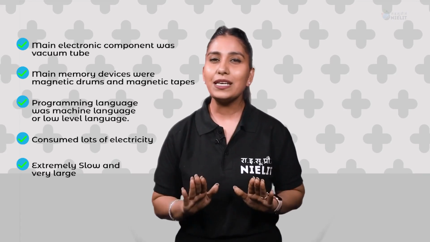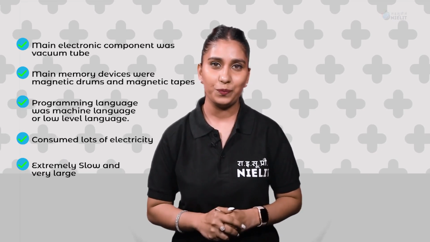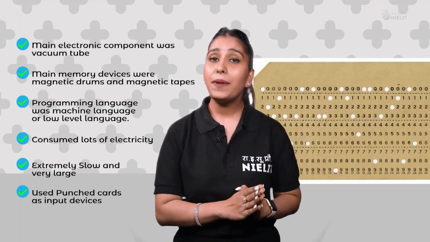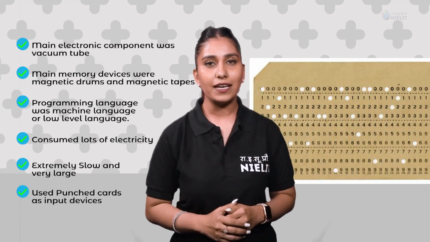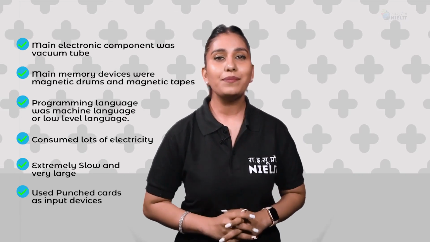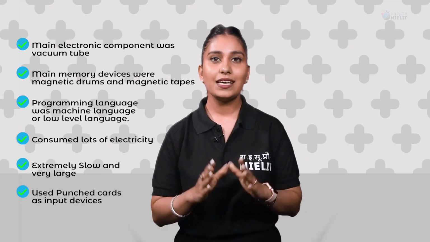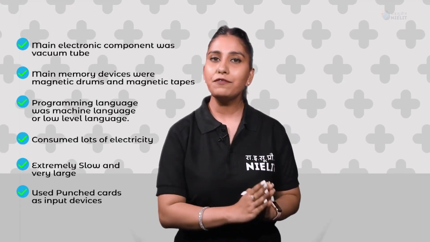They were extremely slow and very large, often taking up the entire room. They used punched cards as input device and paper tape as an output device. There were about 100 different vacuum tube computers produced between 1942 and 1963.